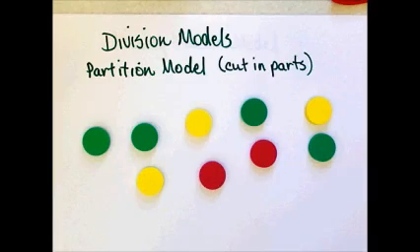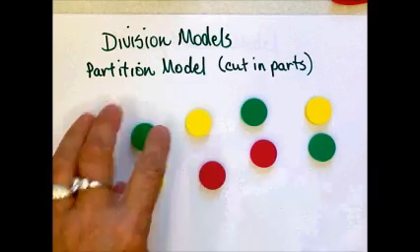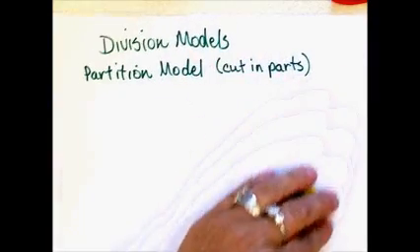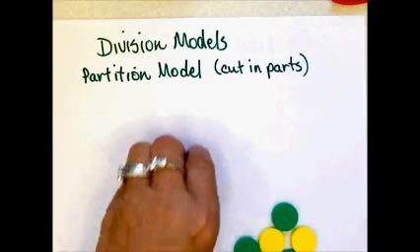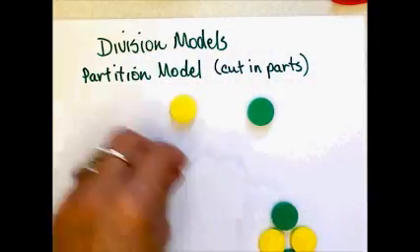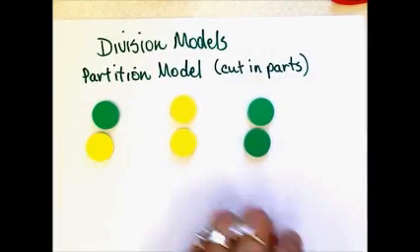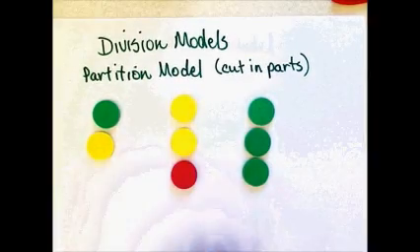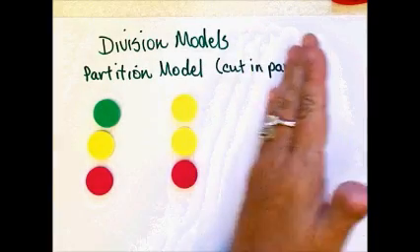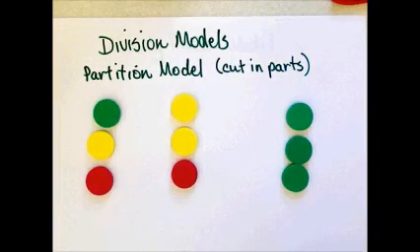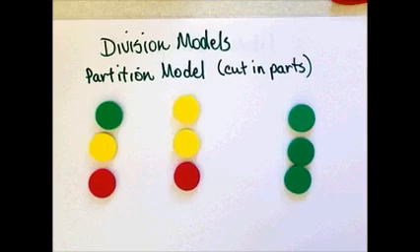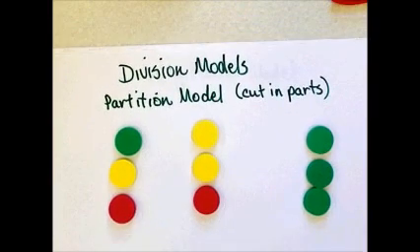Now, I could, though, divide 9 cookies equally between 3 people. So I would just go through and count so that each person then has 3 cookies. Okay, so that's a partition model.